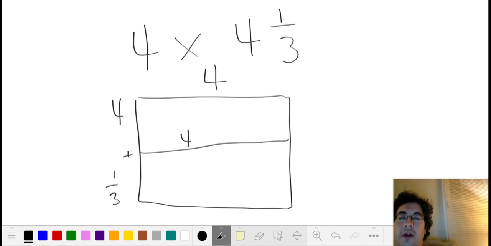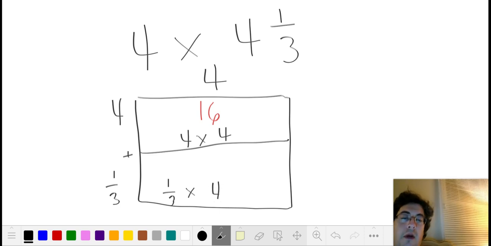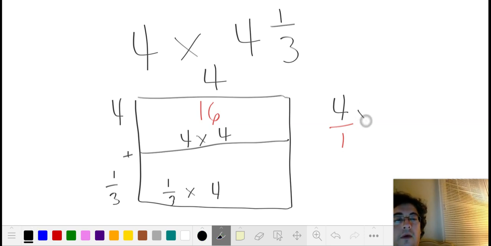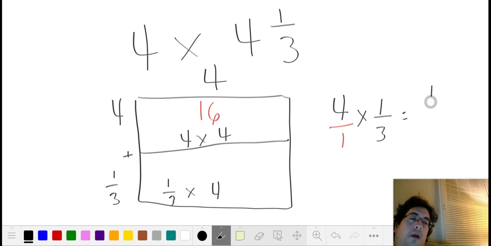So in this box, I'm going to have 4 times 4, which gives us 16. In the bottom box, I'm going to have 1/3 times 4. And I'll work that off to the side here. I'm going to put a 1 under my whole number. Multiply it by 1/3. It's going to give me 4 thirds.